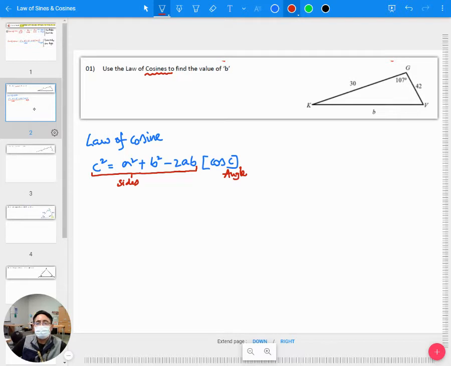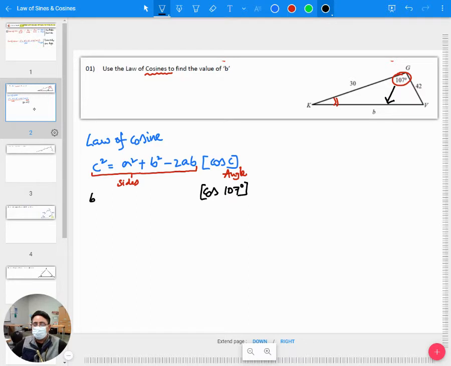Here the side opposite to angle K represents side K. By the way, instead of ABC, we have been given G, K, V. The angle is given as 107 degrees, so in the place of C, I am taking cos 107 degrees. Opposite to this one, the side is given as b.